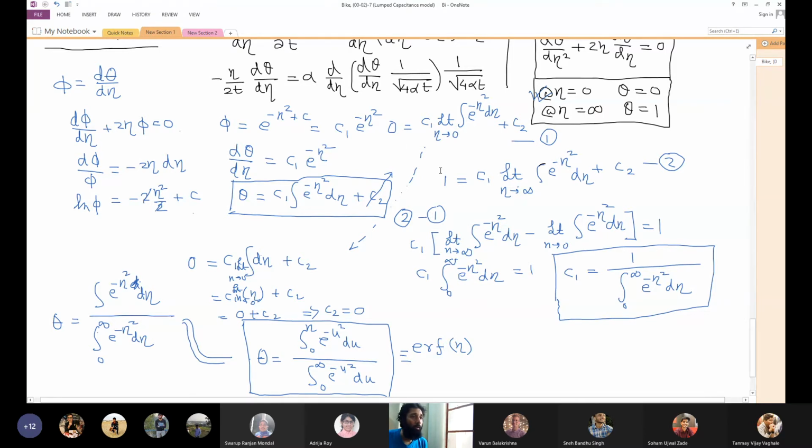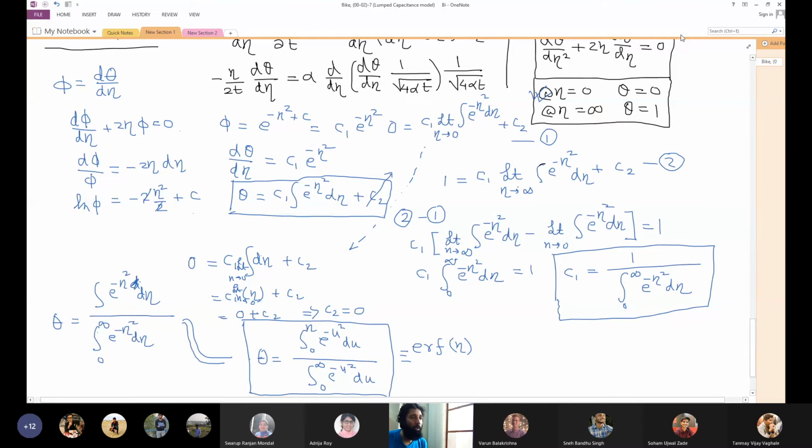Look at the board and make sure that you understand the steps. C1, C2 evaluation, I think that is fine. So just let me first take this till C1, C2 evaluation. Till C1, C2 evaluation, everyone is okay? Yes, sir. Okay, good.